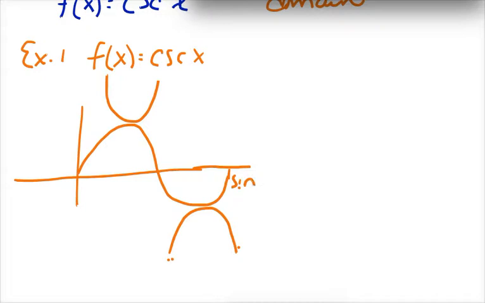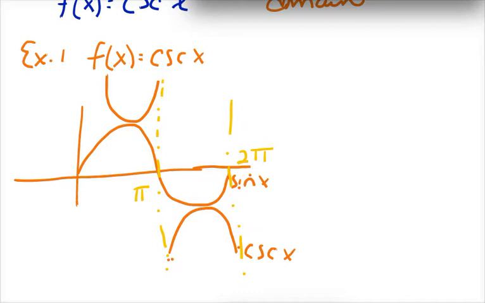Okay, so this is sine of x, and this is cosecant. So what you should notice is that at pi over 2, I'm sorry, at pi and at 2 pi, you've got asymptotes.